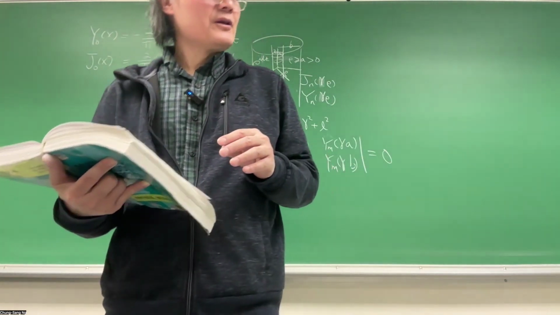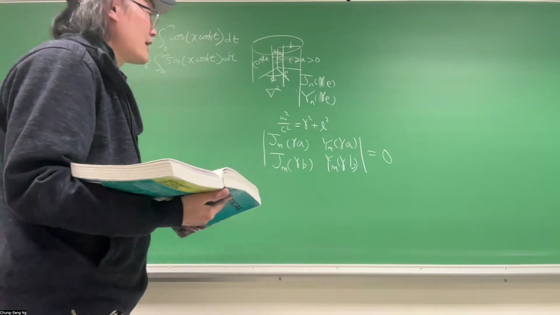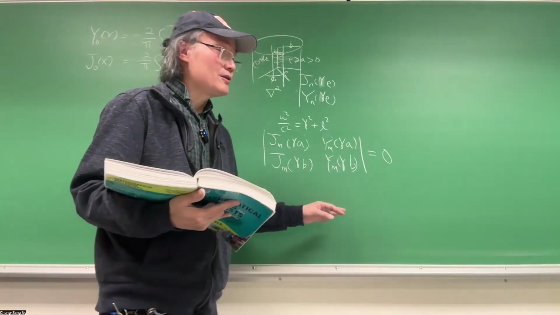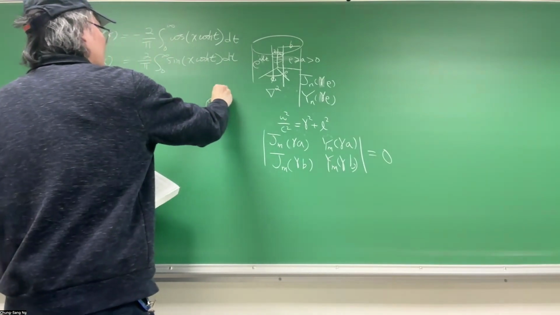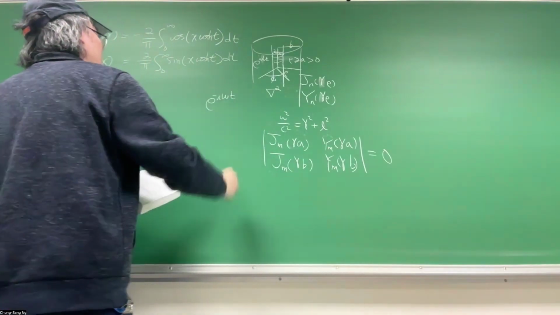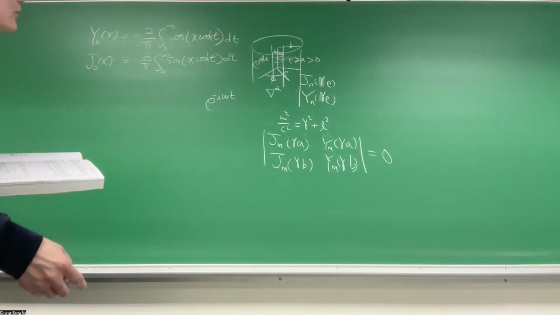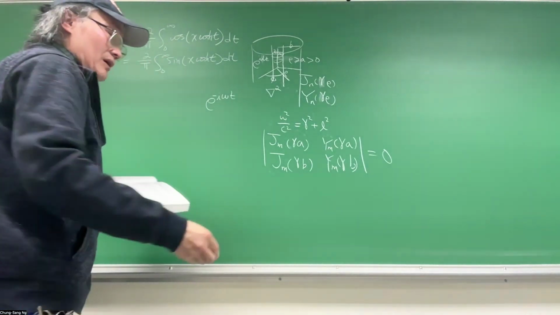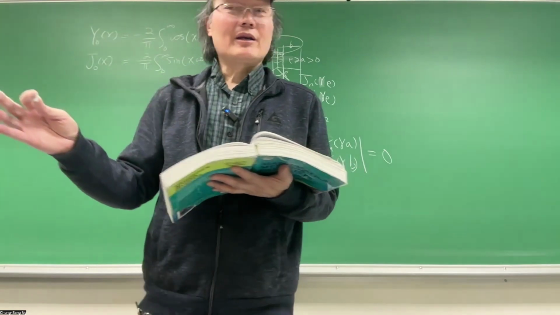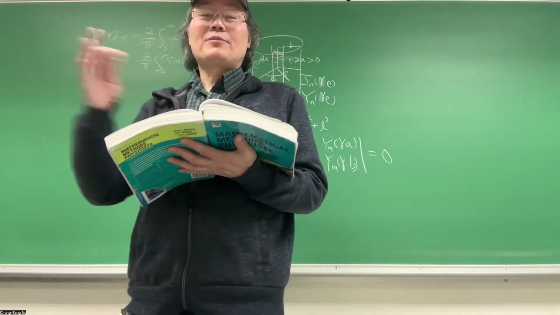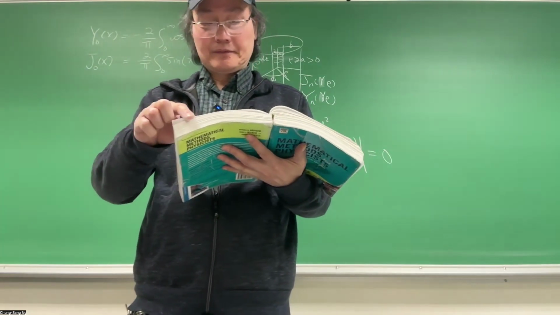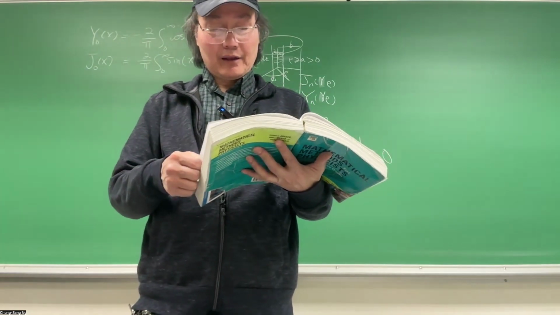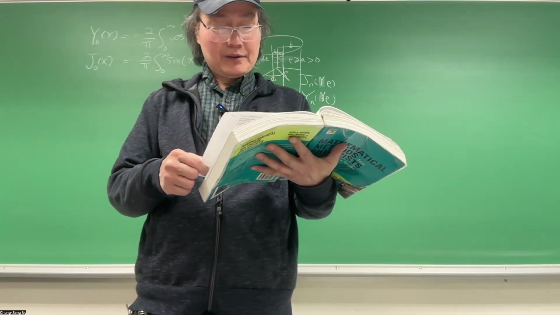If you combine the time dependence e to the i omega t, or e to the minus i omega t, you want an exponential function to describe a wave that propagates in a single direction, either positive or negative. The Hankel function has that property.